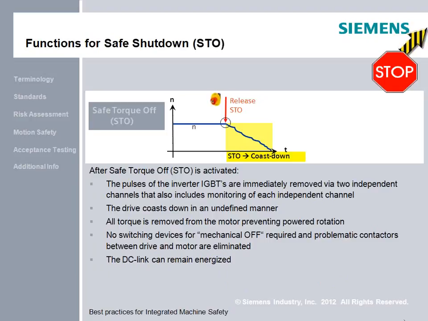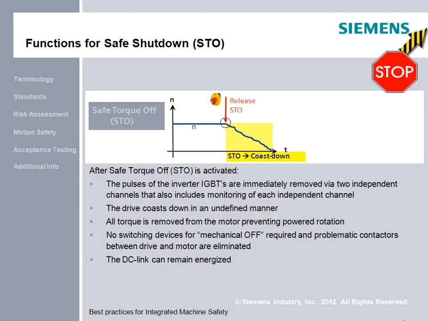Taking that a step further, let's refer to safe torque off, one of the safety functions defined by the standards. Safe torque off, if you remember, is freewheel, immediate removal of power. In this case, when the safe torque off function is active, the drive system does not commutate the motor, it does not fire its power transistors, and the motor coasts or freewheels to a stop.